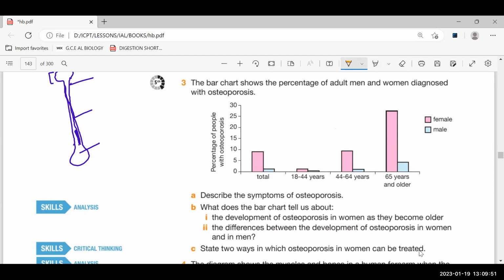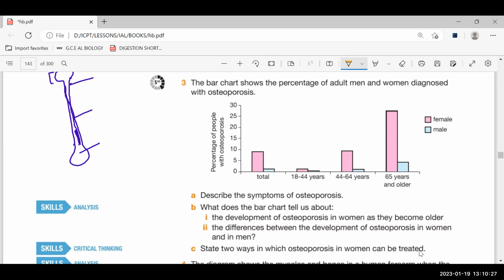Okay, describe the symptoms of osteoporosis. So we have learned osteoporosis is loss of calcium from the bone, then bone density decreases, and it can also give the bones a more spongy appearance. There is one big problem with age.